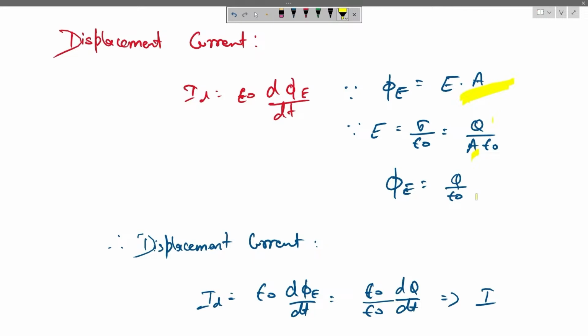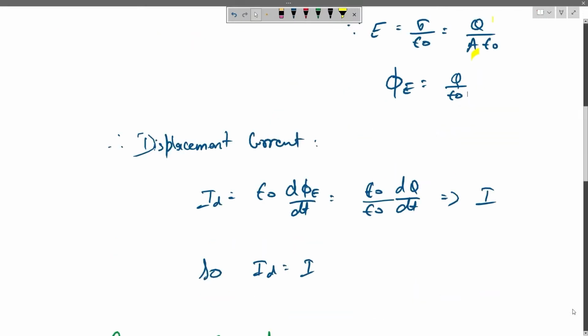Flux would be Q by epsilon naught. Displacement current is defined by epsilon naught d phi by dt. After substituting this flux in this expression, we get epsilon naught multiplied by dQ by epsilon naught. The epsilon naught cancels, and we get the displacement current equal to I. So the displacement current is equal to the conduction current.